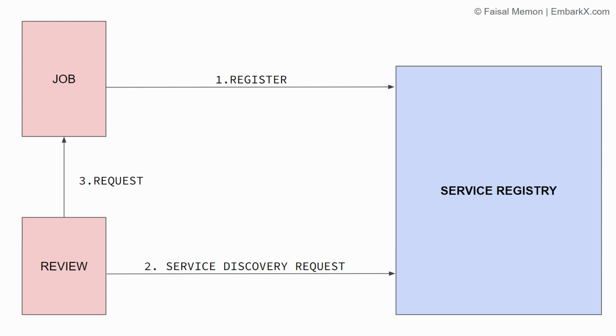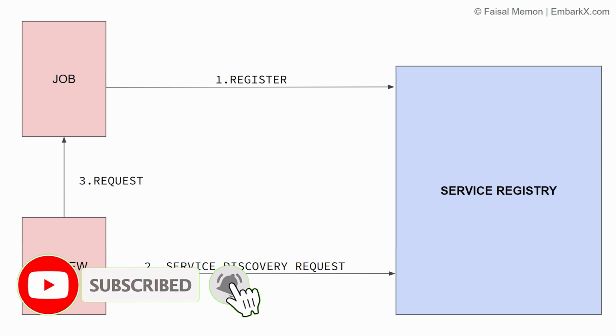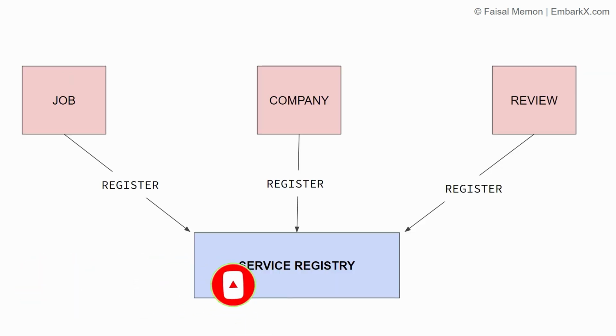So this helps, and this is a better approach as compared to hard-coded URLs. You can't have hard-coded URLs everywhere. Okay. So this is about the concept of service discovery and service registry. Now let us talk about how it will work for us. If we have multiple microservices, we will register all the microservices with the service registry.